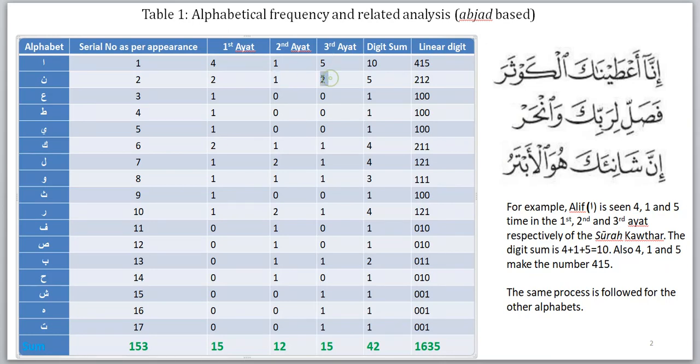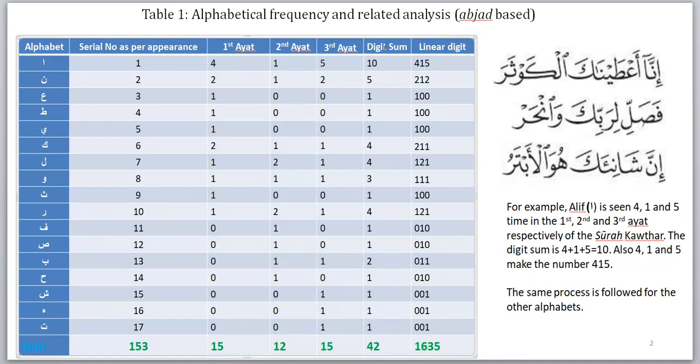And in the third ayat, inna shani'aka huwal abtar, this noon and this noon, so in the third ayat we also found two noons. In this way, for ain, ta, ya, kaf, the number of appearances per ayat is placed, and these three columns are made in this way.